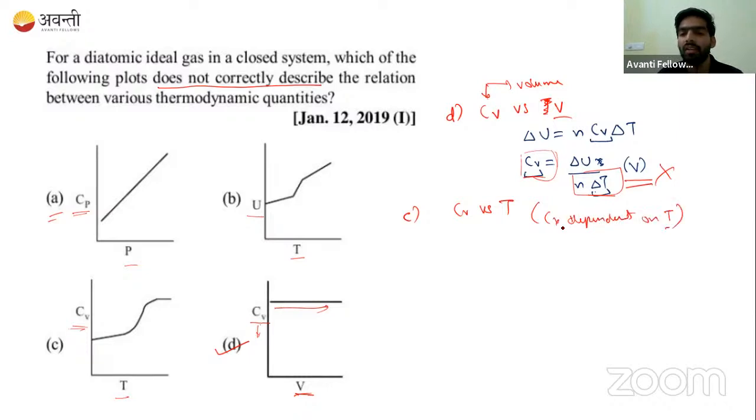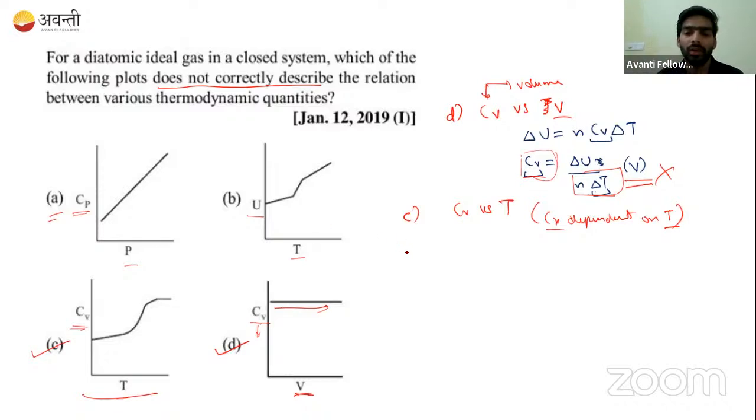T. If T changes, CV also varies. And in the graph, we can say that if the temperature is changing, CV is also changing. So this is also correct. Don't forget, it is asking about the incorrect one, not the correct one. Otherwise you will see D is the correct answer and tick directly.